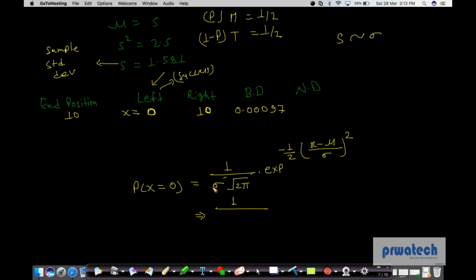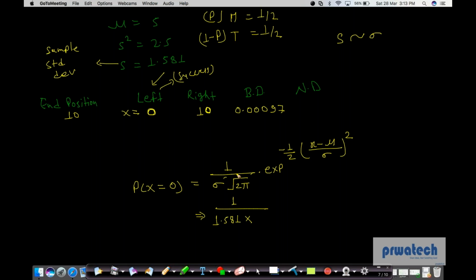So 1 by standard deviation, and the standard deviation value is 1.581. Since this is for sample, but still I'll consider and use 1.581 into 2 pi. Pi value is 3.14. If I multiply with 2, I'll get 6.28.